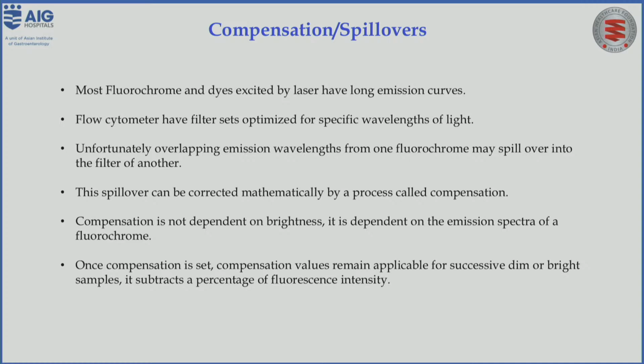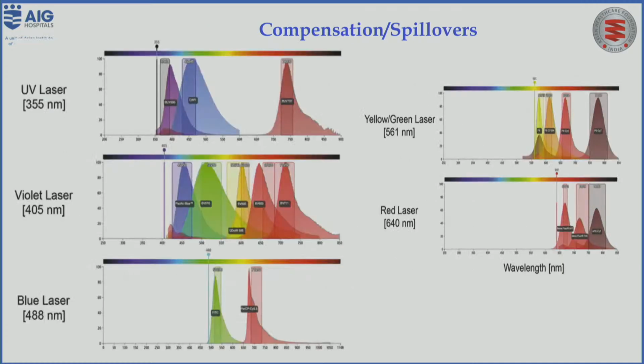This spillover can be corrected mathematically by the process of compensation. Compensation is not dependent on brightness, it is dependent on the emission spectra of a fluorochrome. Once the compensation is set, the values remain applicable for successive dim or bright samples, which subtracts a percentage of fluorescence intensity.